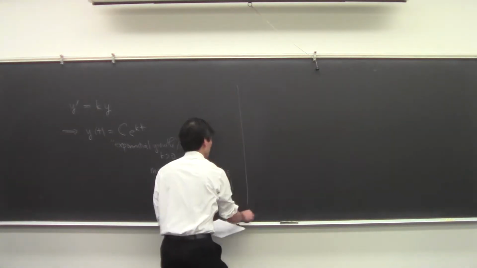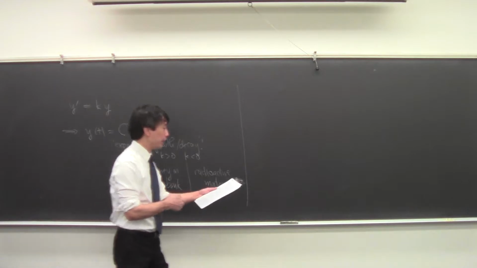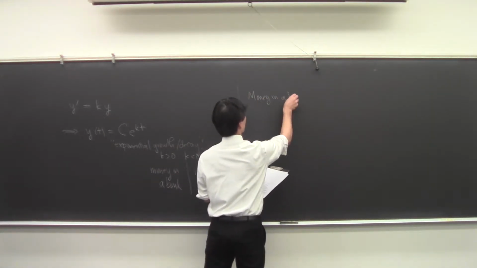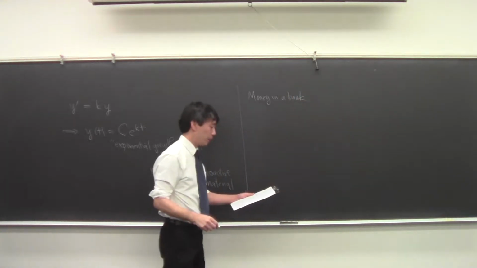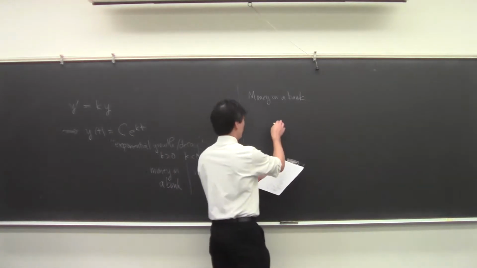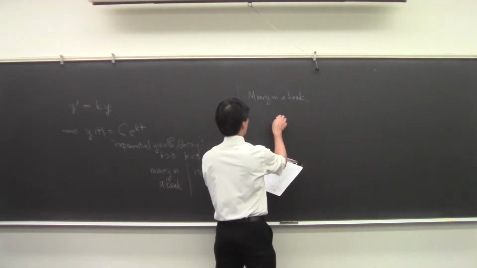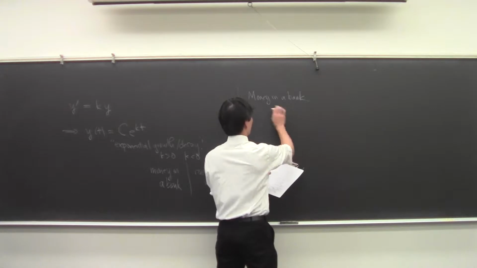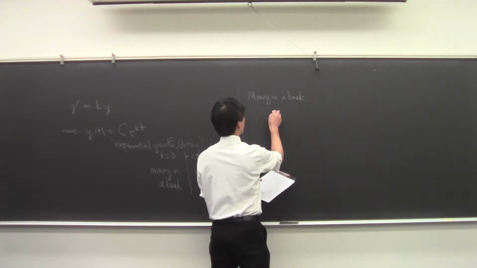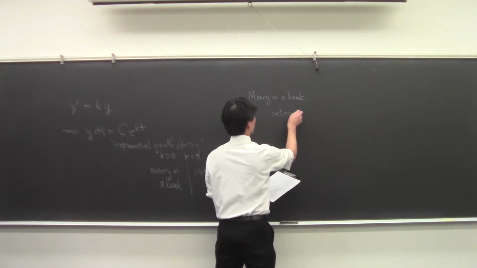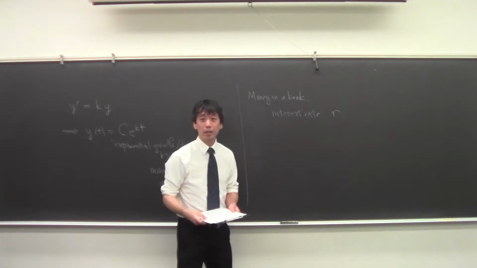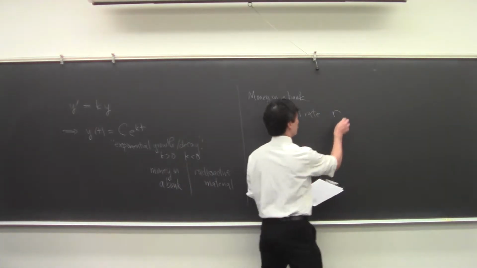I don't want to talk too much about it, but let me just say that in the case of money in a bank, when you put money in a bank, if they say that you have an interest rate R, suppose this R is 5%.